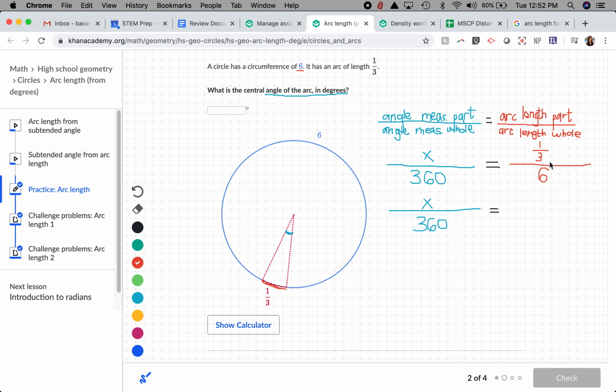Now what I'm going to do here is take the numerator, 1/3, and instead of dividing by 6, well, 6 is the same as 6/1. And division is actually just the same as multiplying by its reciprocal. So 1/3 divided by 6 is the same as 1/3 times 1/6. Now you see how we just flipped these numbers to get 1/6.